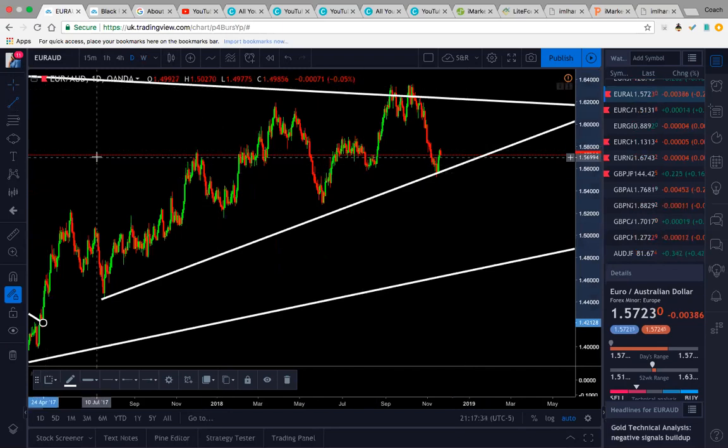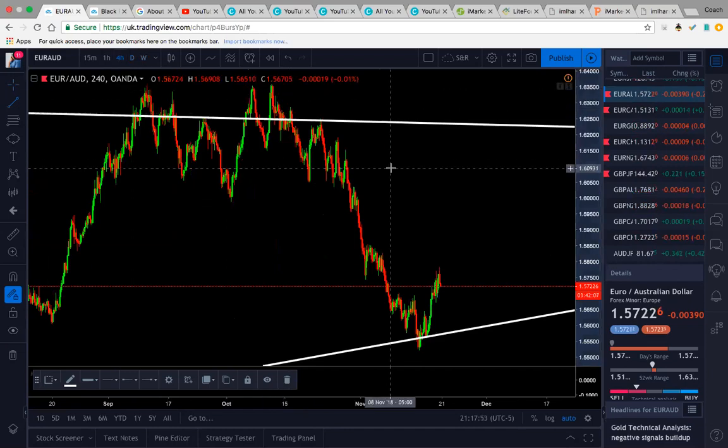For those of you who would research what a bearish pennant is, usually after a bearish pennant, we're looking for a sell at the break of a structure. At the break of that structure, we're looking for a continuation into the sell.